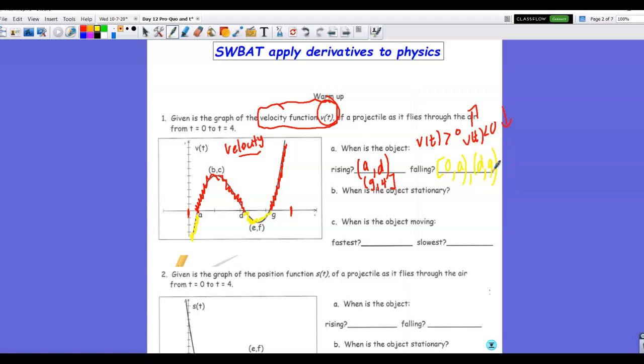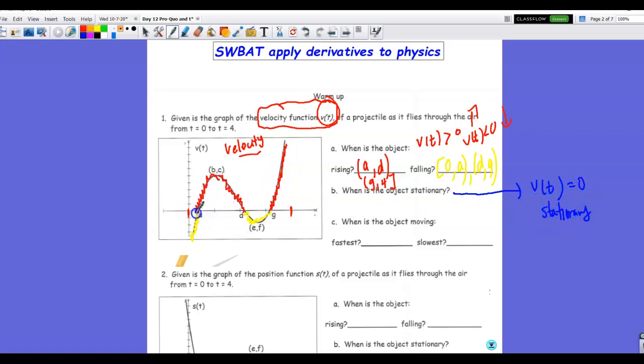All right, next question. When is the object stationary? So again, I have to think to myself, what would be true of velocity when an object is stationary? Well, that would mean that the velocity is 0. If the velocity is 0, the object is stationary. Stationary, not moving, no velocity. So I have to figure out when the velocity is 0.